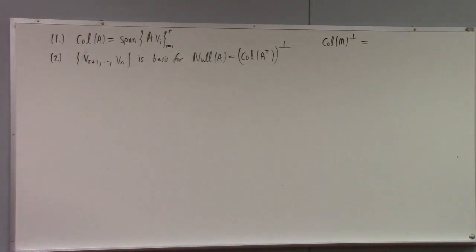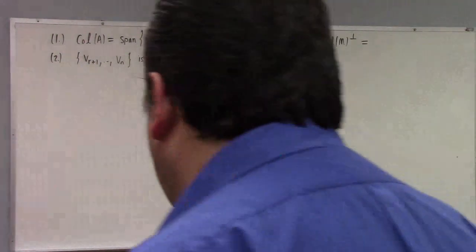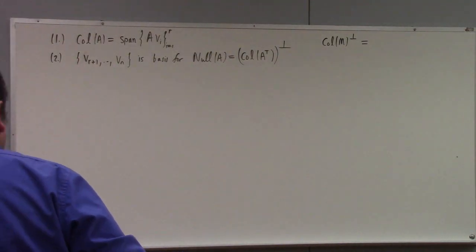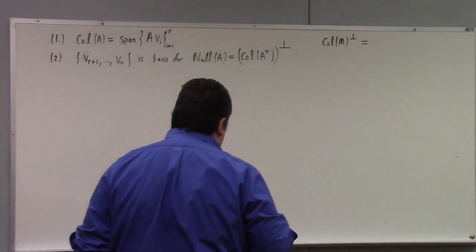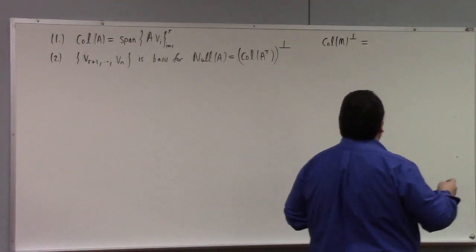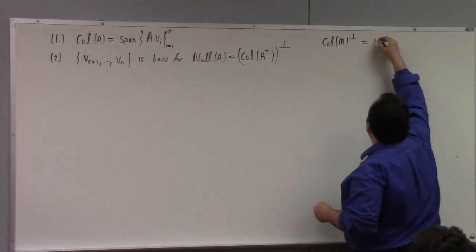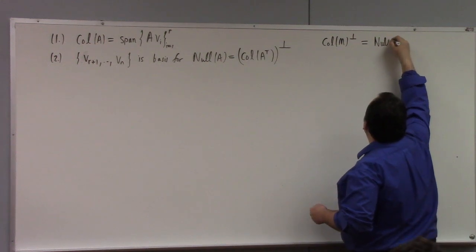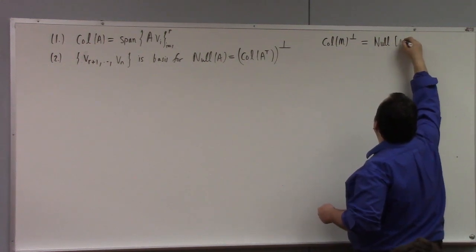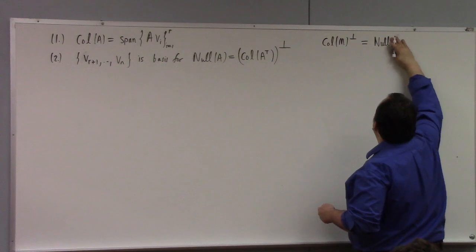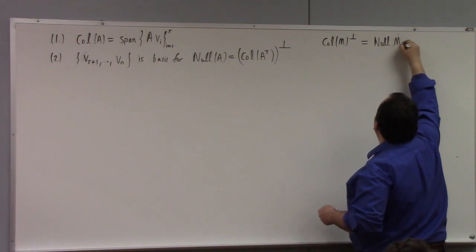Remember, to figure out the perpendicular to a space, we take the set of vectors which generate the space, which in this case would just be the columns of M, and we transpose those and find the null space. So this would be the null space of the matrix, well, I don't need it, it's already a matrix, so M transpose.